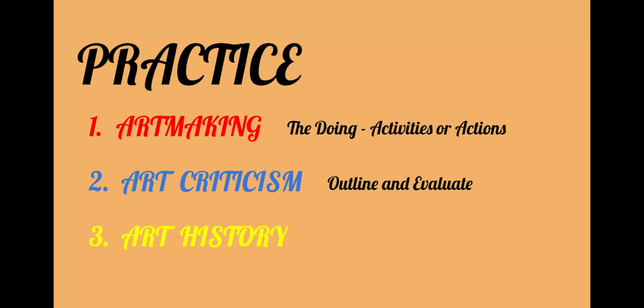Art criticism is the ability to outline and evaluate art, and art history is the knowledge of art in context of the time that it was made. So in red, we will do art practice. Blue will be art criticism, and in yellow will be art history.